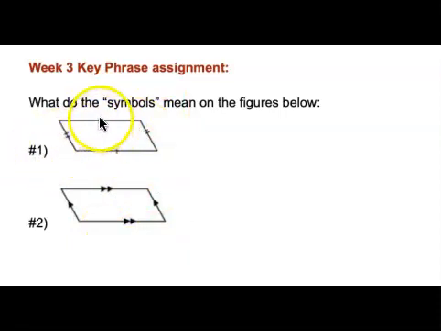So for number 1, what do these symbols mean? When you see these ticks on the sides of a figure, what do those ticks represent? That's number 1. And then number 2, you need to tell me, what do these arrows represent? When you see arrows on the sides of a figure, what do those arrows represent? Those are your 2 questions to answer for this week's key phrase assignment.